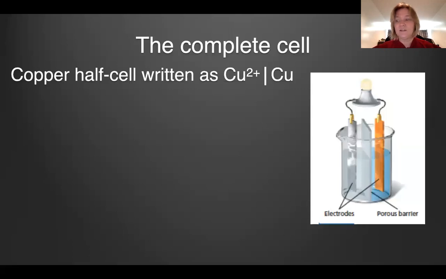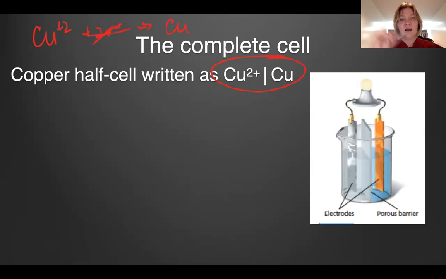When we write the notation for a half cell, because the copper half cell is the cathode and it's being reduced, we write it the same way that the half reaction would be written. The reduction half reaction is Cu2+ plus 2e- goes to form Cu, but in the cell notation we don't include the electrons.